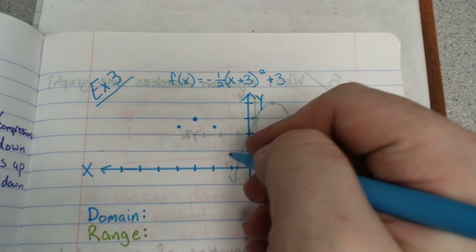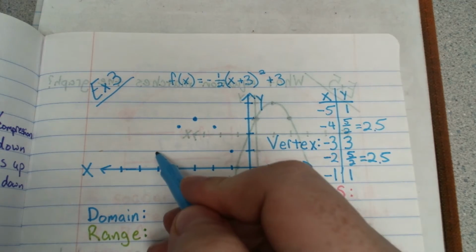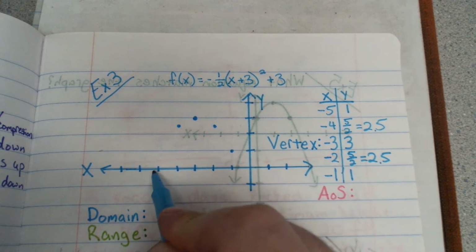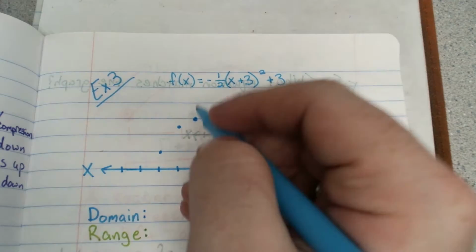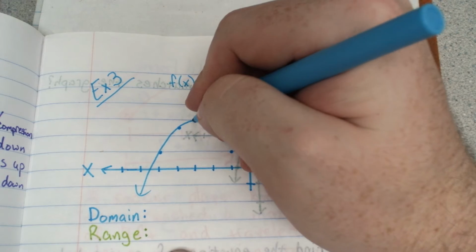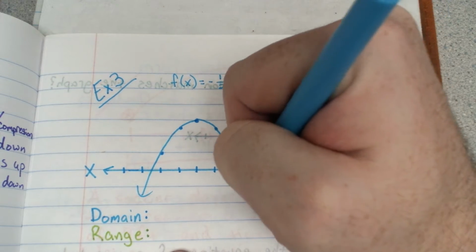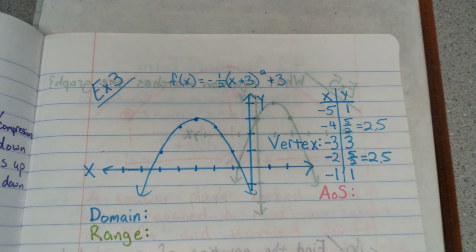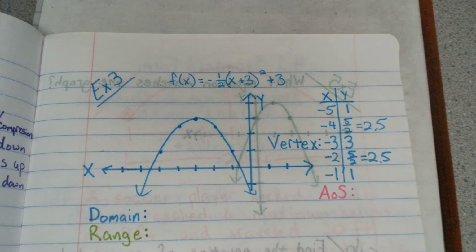And I know (-1, 1) and (-5, 1). So then connecting the points on my graph here, you see we should get something like this.